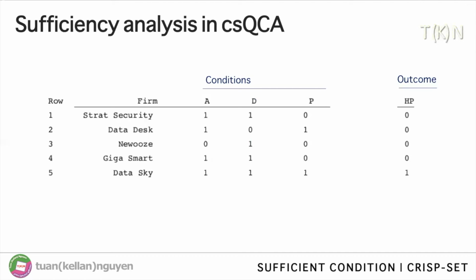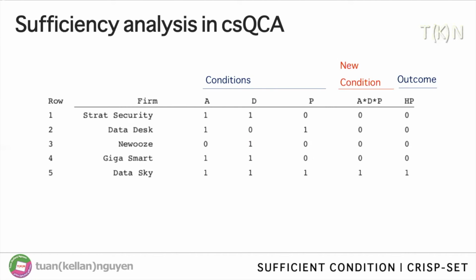In the next step, we may ask if a combination of conditions is sufficient for the outcome. Based on some theories, we believe that firms investing in all three conditions, AI, data, and people, at the same time, may have a positive outcome.